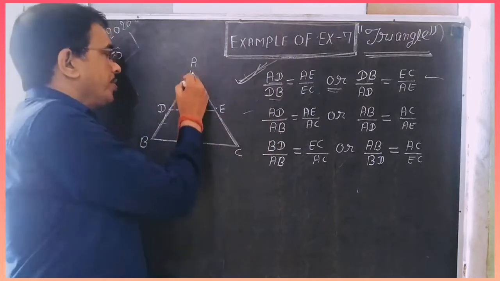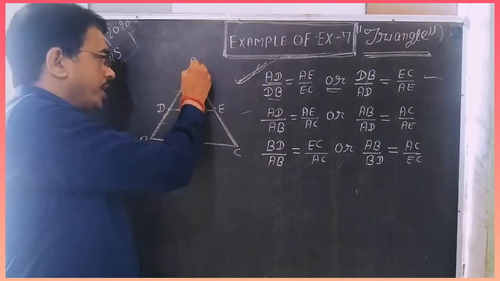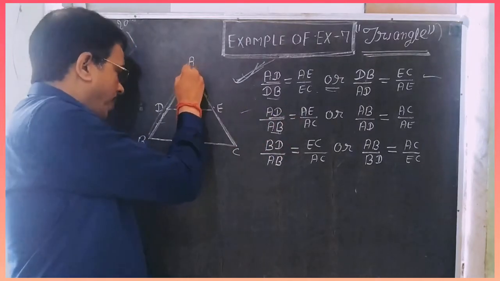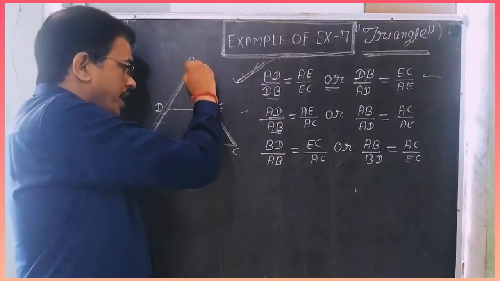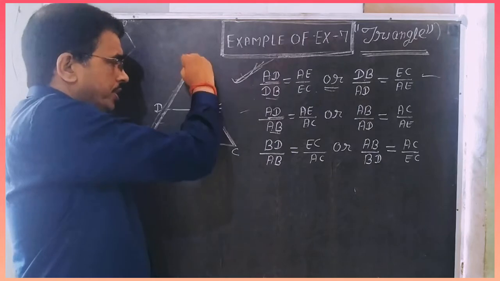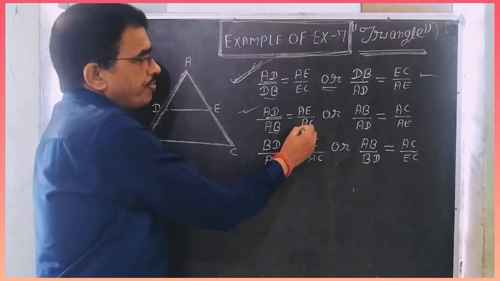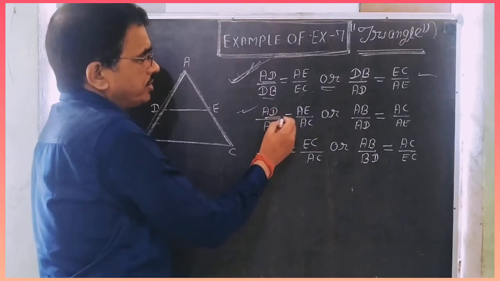Second, you take AD, then the whole part AB. Similarly, AE, a small part of the top, then the whole part AC. So it is also the basic proportional theorem of the ratio, or Thales theorem.